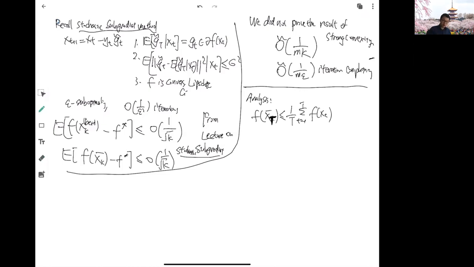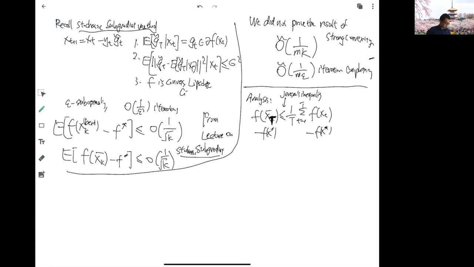Right. So this is by the definition of convexity, in terms of Jensen's inequality. Okay, let's subtract f star from both sides, then we get the suboptimality.